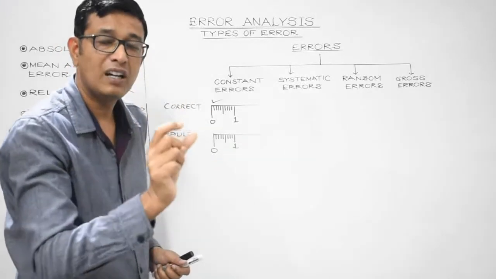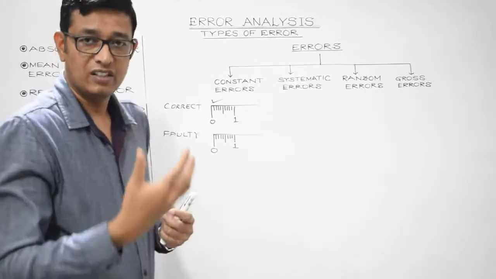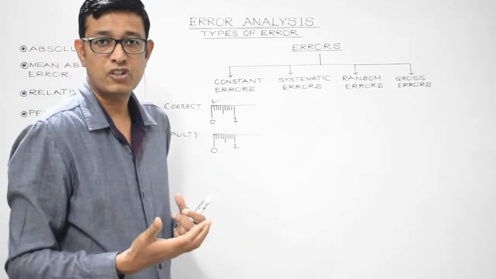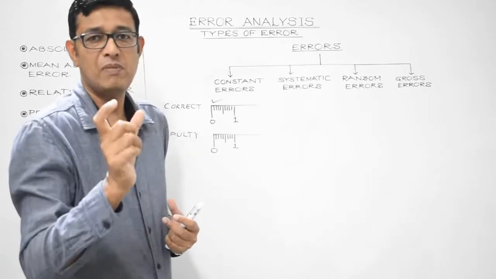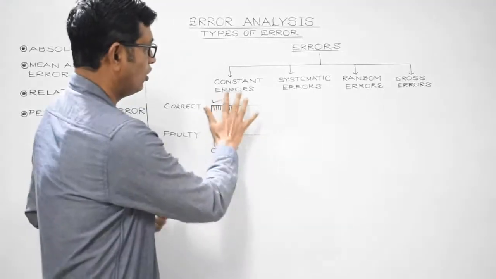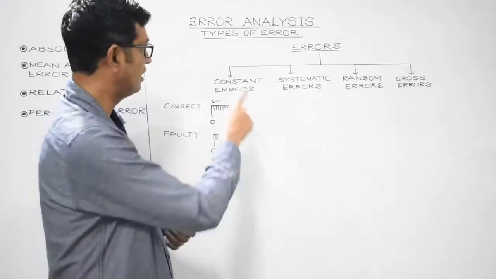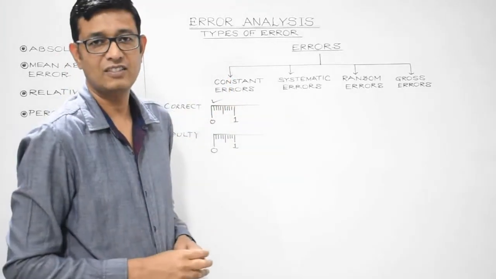That will be in error by a constant amount. So students, such errors which are having constant magnitude or constant value or constant amount are known as constant errors, right?